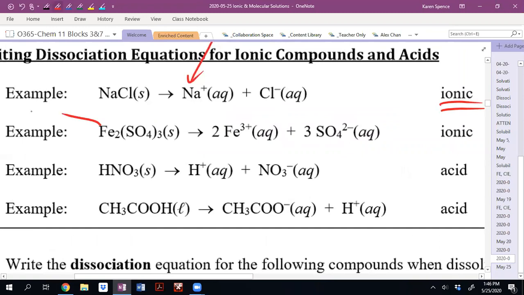Look, iron is a metal, therefore this compound is ionic, and therefore it will dissociate. Okay, this time we have 2 irons, so that's going to be 2 Fe's. We have 3 sulfates, so that's going to be 3 sulfates. Okay, and don't forget, of course, your charges.